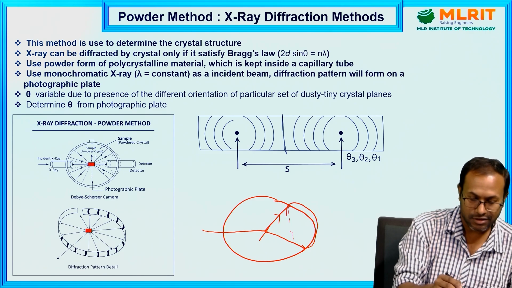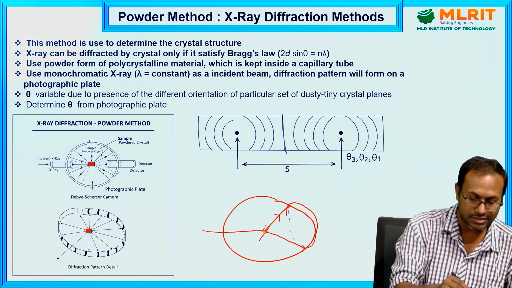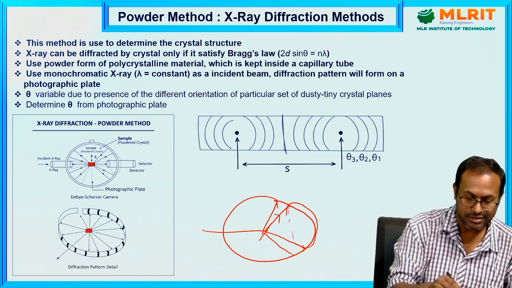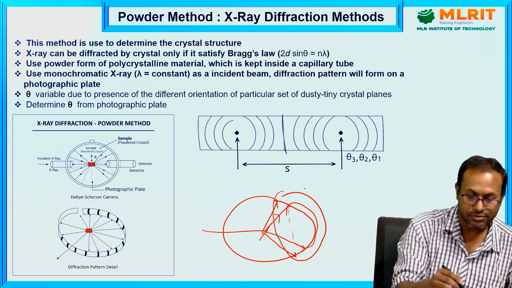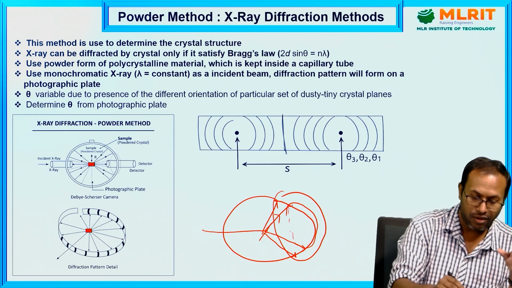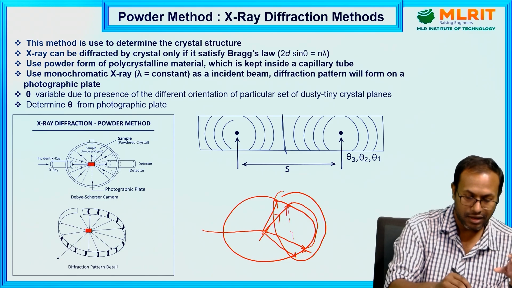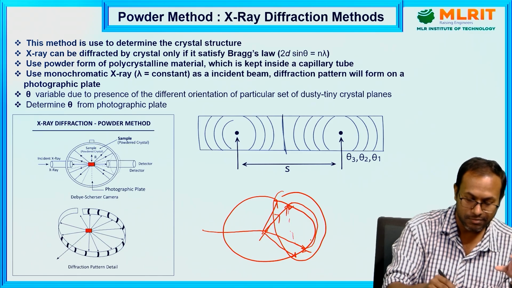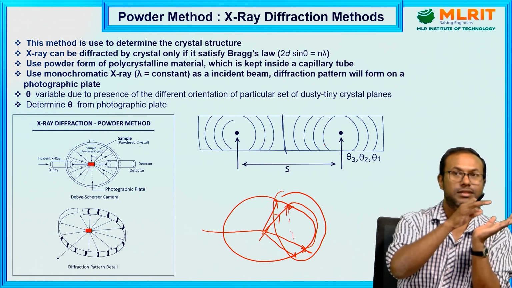Now if another crystal orientation is there, in a different direction, that is diffracted, so that is another circle. If you take a small part of this, a small segment of the circle is occurring on the photographic plate.